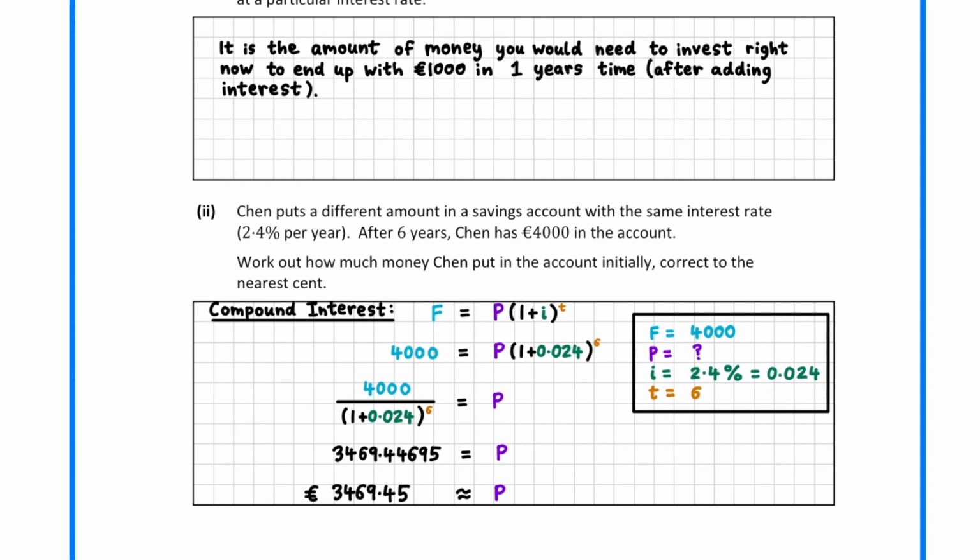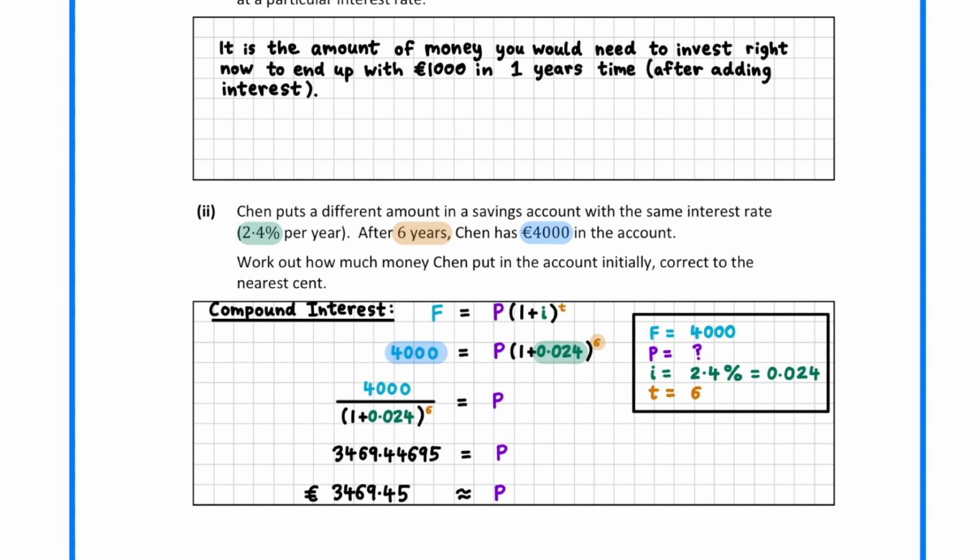In BII, Chen ends up with €4,000 in an account after 6 years. We need to figure out the value of the starting investment. We'll use our compound interest formula again. This time, the final value, F, is 4,000. The interest rate, I, is 0.024.